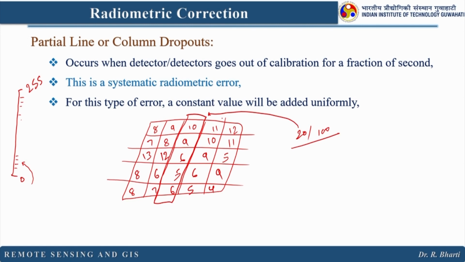So, you can find easily that there is some abnormal values here compared to surrounding, because all are in 8, 9, 10, 11, 13, 14 range, but some of the lines they are having maybe 30, 40 or 20 or maybe 100, 155, 255, these type of difference. So, then you can easily find out that this is because of the partial line or column dropouts, right.